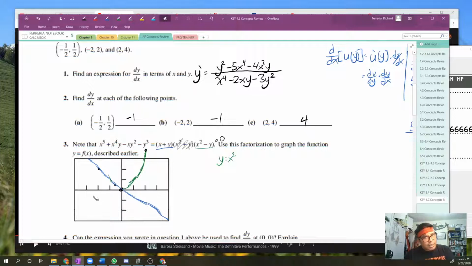How about on the positive side, where x is greater than 0? Do you think we should use the green line or the blue line? Well, yeah, we have evidence that the solution curve is going to go through the green line, since 2, 4 is a solution for y equals x squared, but not on the graph of y equals -x.